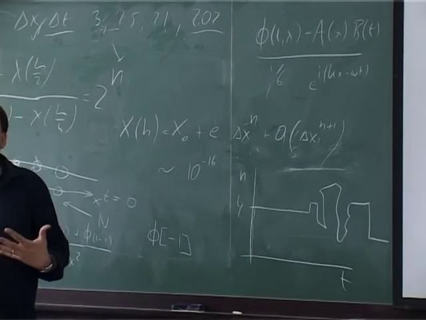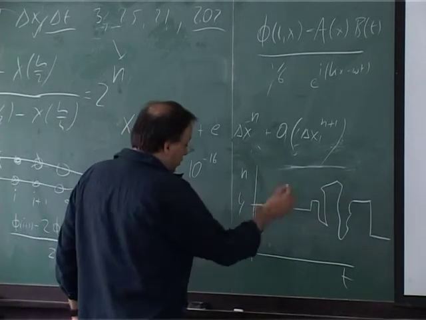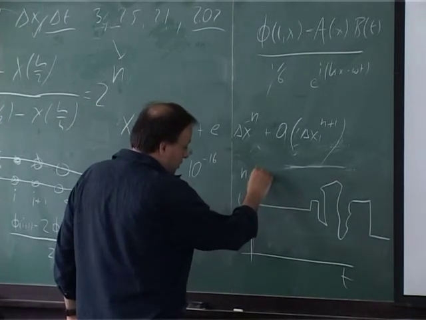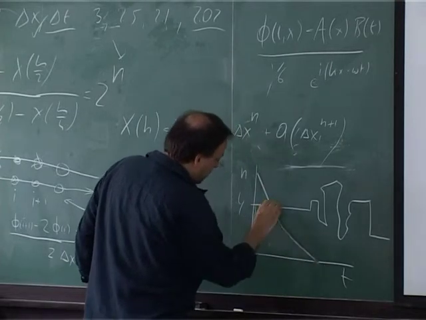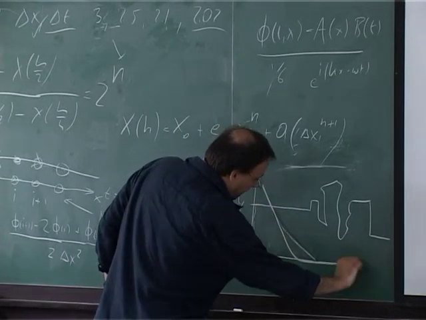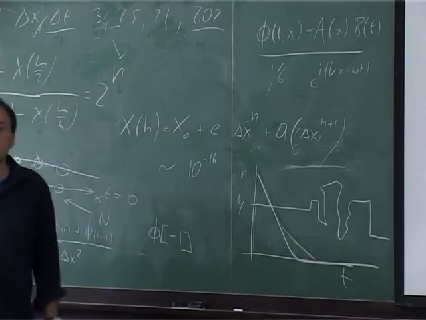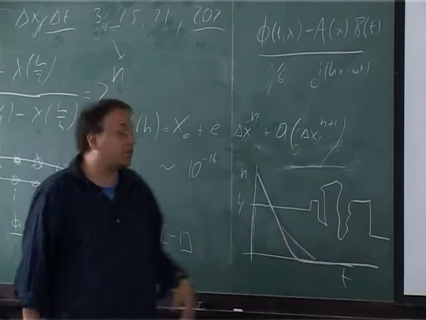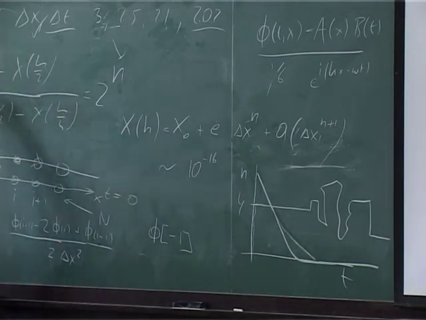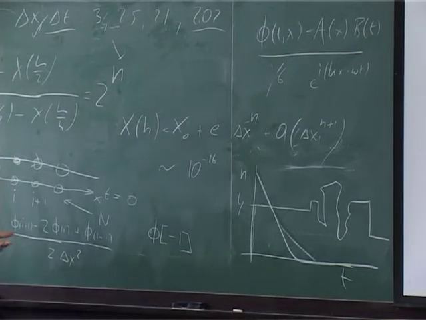If you plot the actual solution, it goes like this exponential, and here there's just no solution left. The difference is very, very small, and if you divide a very small number by another very small number, it's very inaccurate.